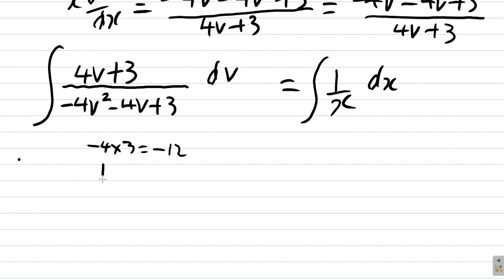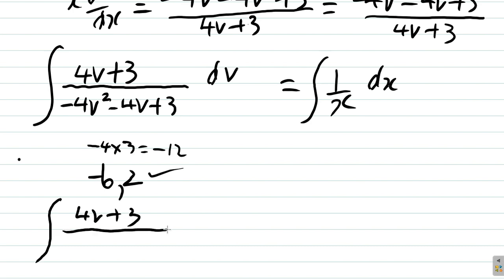Let's try 6 and 2. The 6 would have to be negative. Negative 6 plus 2 is negative 4. Negative 6 by 2 is negative 12. Okay, so these are the numbers, 6 and 2. So the integral of 4v plus 3 over, now we're factorizing the quadratic.